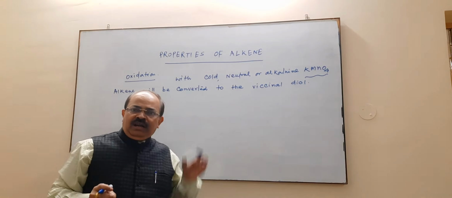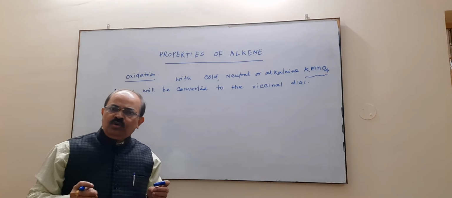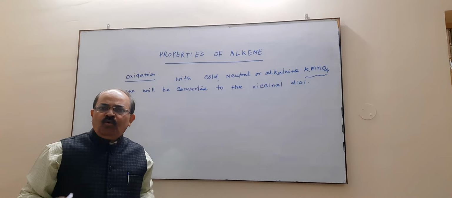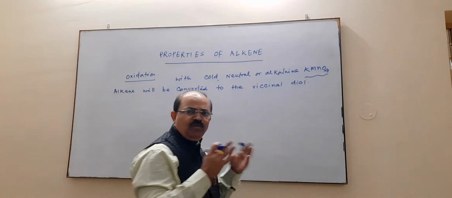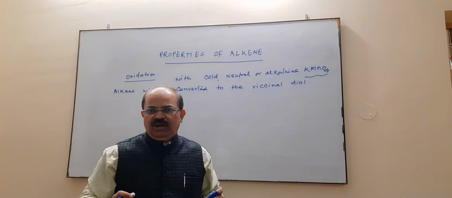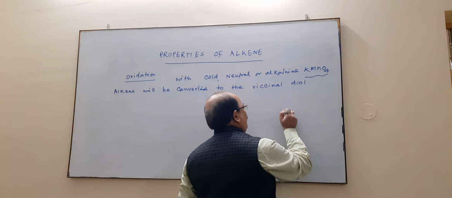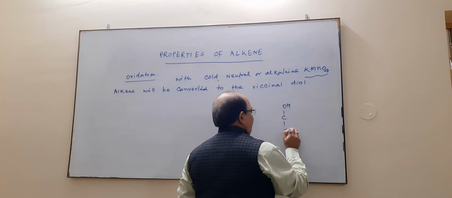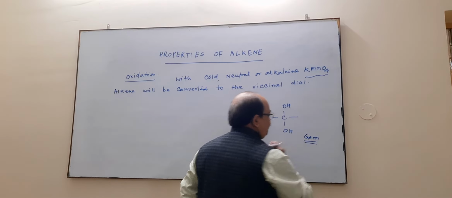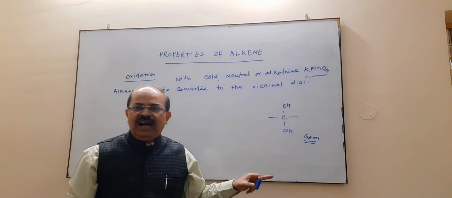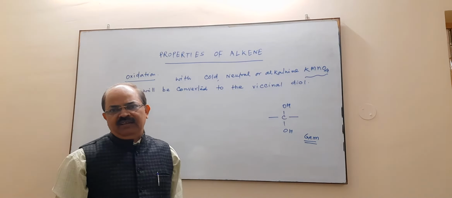Actually, diols are of 2 types. One is your geminal, another is your vicinal. Diol means 2 OH ग्रुप होगा. तो अगर मान लो दोनों OH ग्रुप आपका एक ही कार्बन पे हो, तो ऐसे डायोल को हम लोग जेम डायोल बोलेंगे या जेमिनल डायोल बोलेंगे.